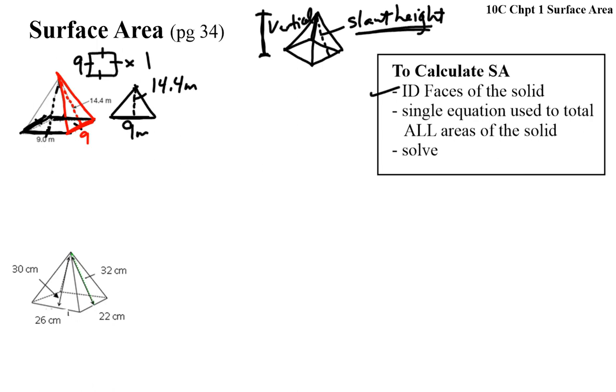Slant height will always be a little longer because it has to angle in to meet at the apex. How tall it is is the vertical height. We're going to use vertical height later on with volume. Slant height, though, we need the height on the angle of that triangle, which is our base 9, slant height or height of 14.4. And we have 4 of those triangles.